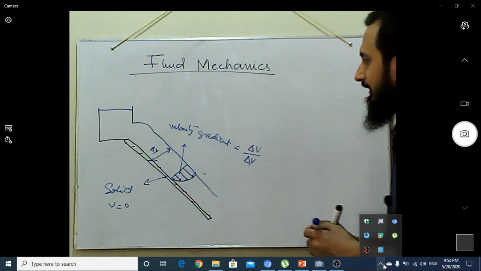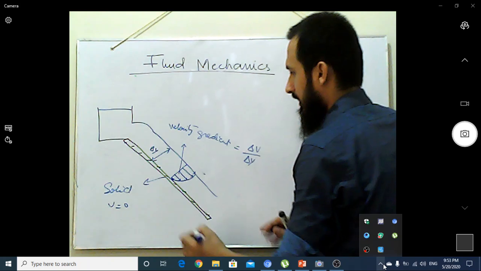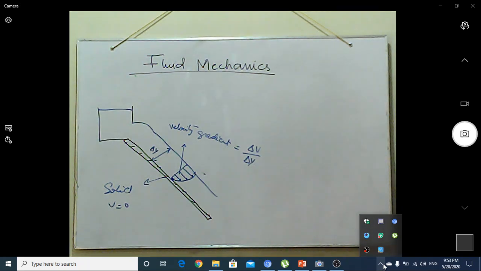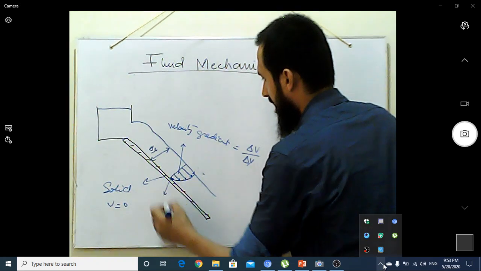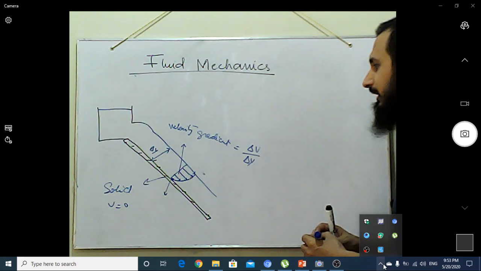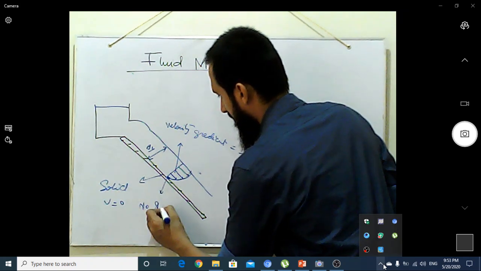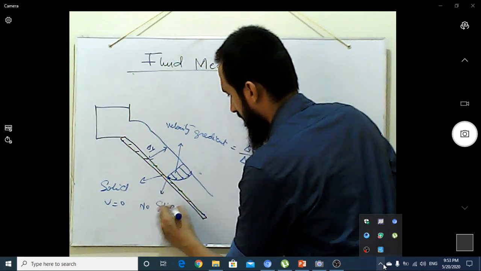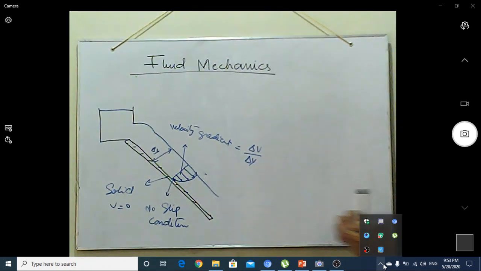But the most important thing is that the layer very adjacent to the wall is stuck with the solid wall and has the same velocity as the solid wall has. It is just stuck on the surface of the solid wall and does not slide at all. So we can say this is the no slip condition, where the layer has 0 velocity.